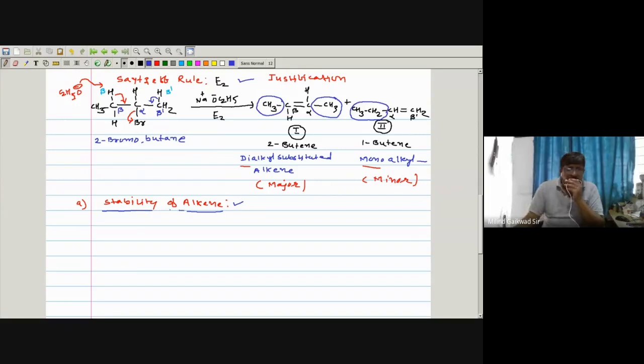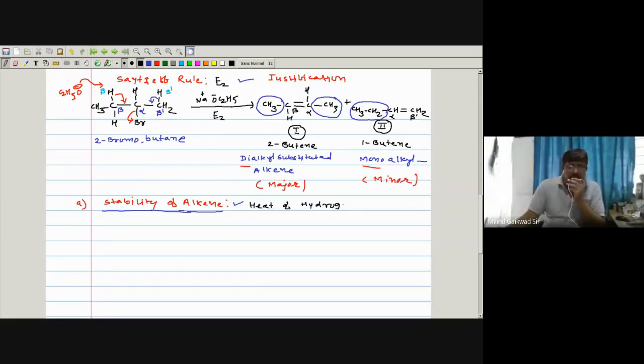The stability of this alkene can be explained by using heat of hydrogenation.